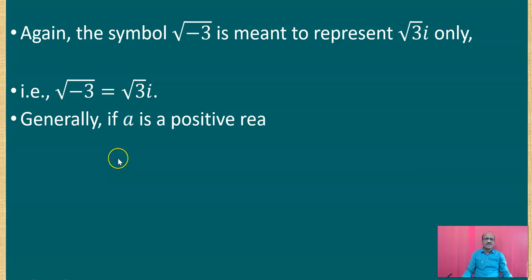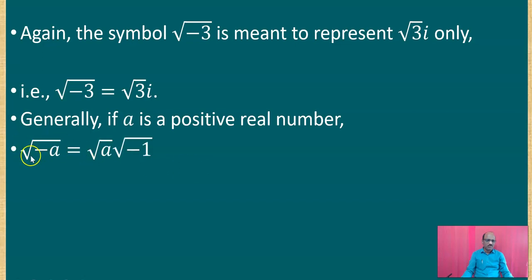Generally, again I will repeat here, if a is a positive real number, root of minus a is equal to root a into root of minus 1. We can write this.